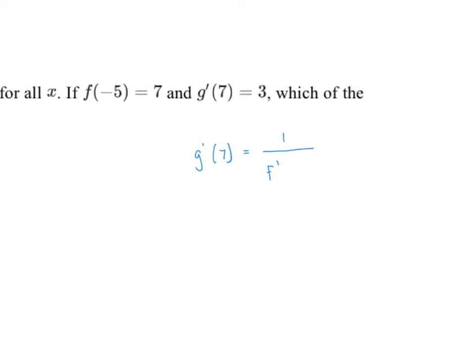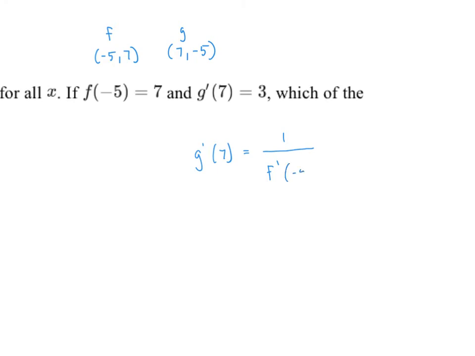If you look at this, you have a point on f, negative 5 comma 7. That means on g, since they're inverses, there's a point 7 comma negative 5. And that's what we'll use.